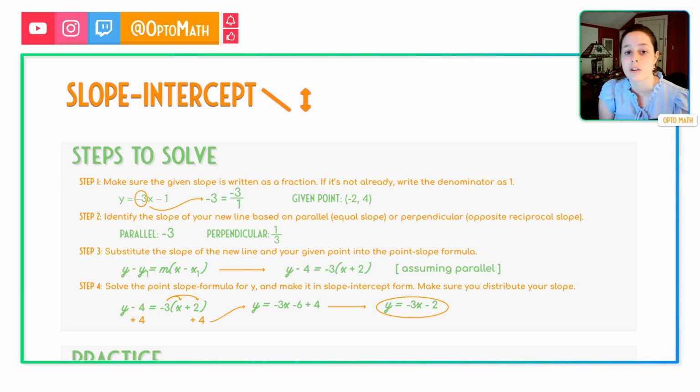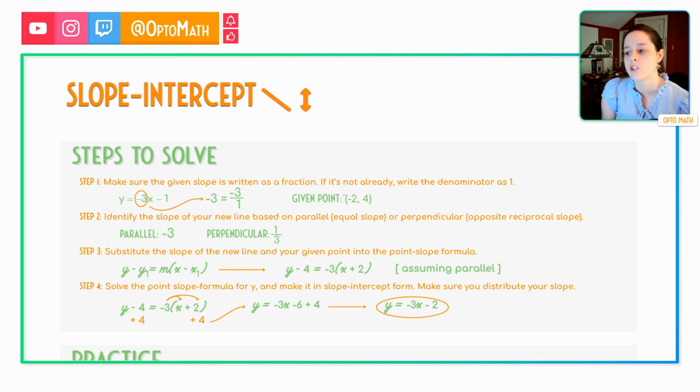If it already has a numerator and denominator, then don't do anything differently. If it's, say, a negative 3 like we have here, go ahead and put a 1 as the denominator, because if you do need to do the reciprocal, then you will have your denominator there in order to know that this now becomes the numerator. Otherwise, you might be like, oh, how do I make this a reciprocal? So make it a fraction first.